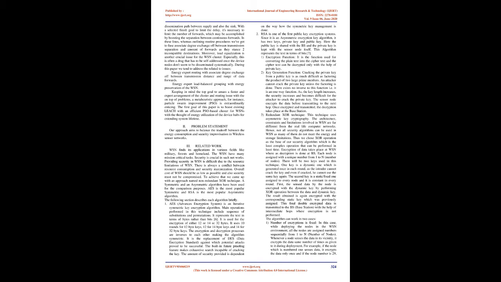In order to limit the delay, it is necessary to limit the number of forwards, which can be accomplished by boosting the separation between consecutive forwards. In this way, while designing routing procedures we have to incorporate a trade-off between transmission distance and number of forwards, as they are two incompatible objectives.